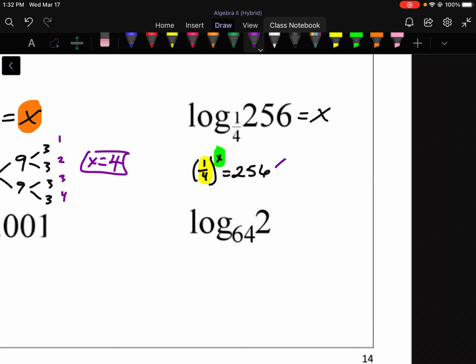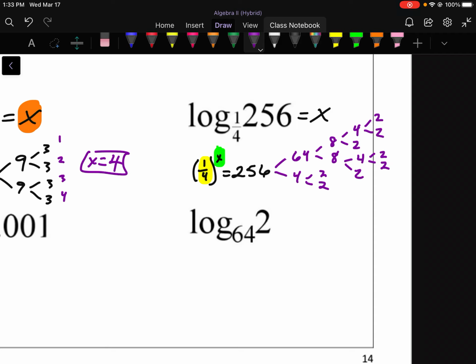We'll break down 256. So we could go 64 times 4. This should be 8 and 8. Put the 4 up here. 4 and 2, 2 and 2. And then 4 and 2, 2 and 2, and then 2 and 2. So just breaking down 256.